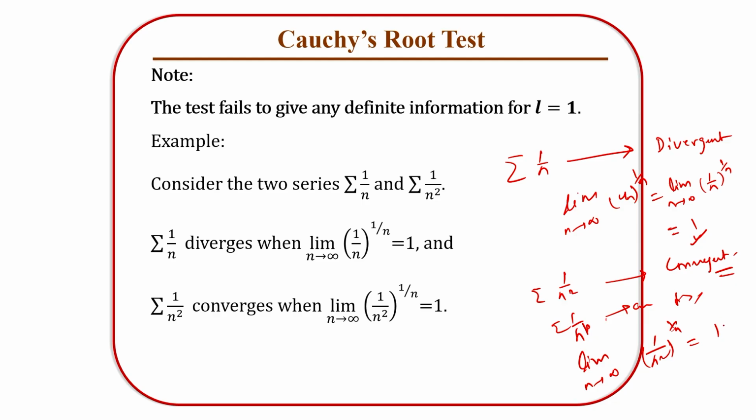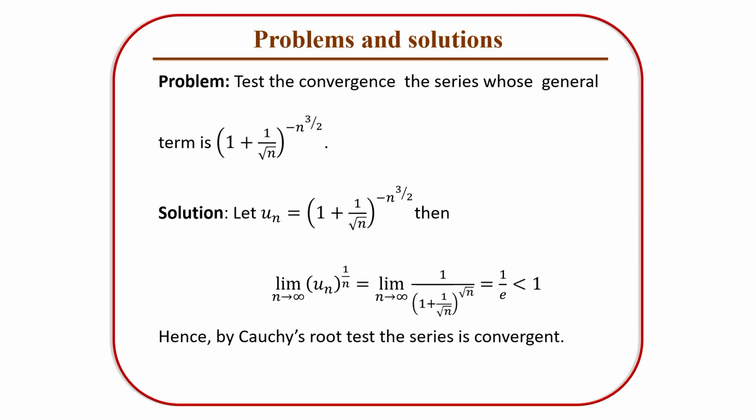So, one series which is convergent has the same limit L equal to 1, and another series which is divergent has the same limit L equal to 1. We have not reached any conclusion. That is why if the limit becomes 1, the test fails. There is no conclusion at all.